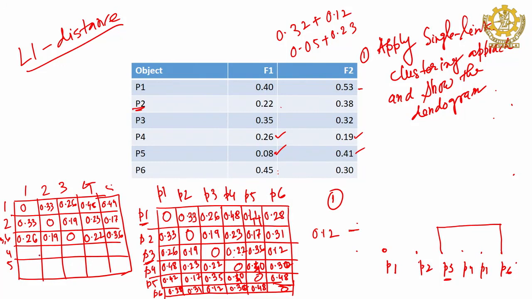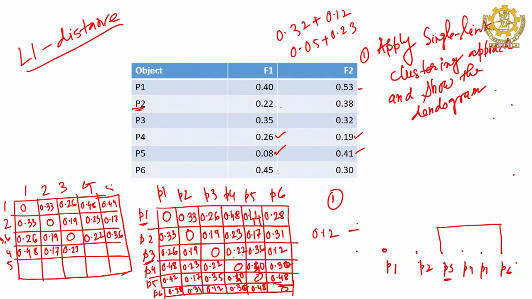Next fourth, 0.48, 0.17. So 4 to 3, what will be the distance? 3 to 6 to 4 is 0.22.